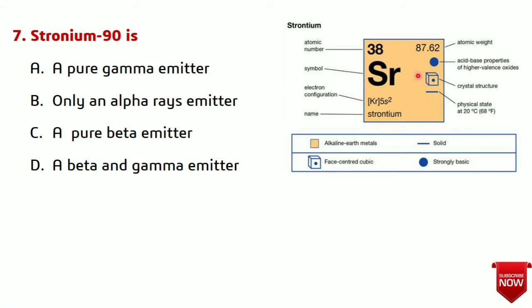The color indicates an alkaline earth metal, and the blue color bar indicates the physical state, that is solid, and the face centered cubic shape, and it is strongly basic. So this is some description I gave for strontium.